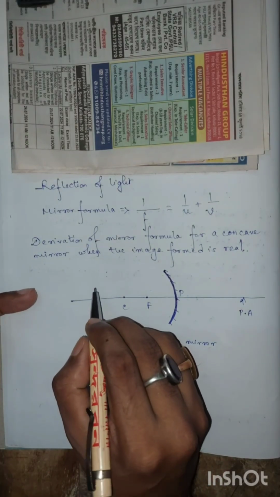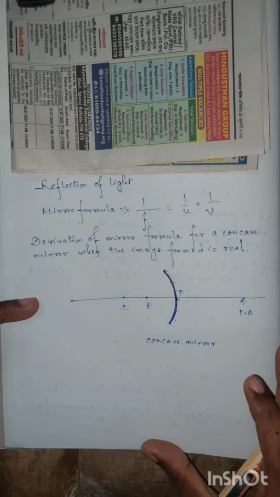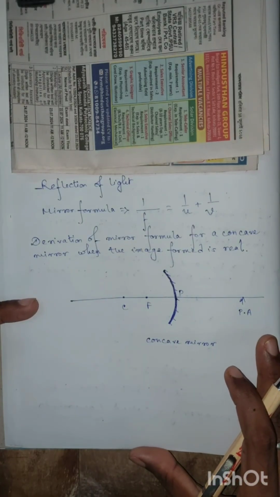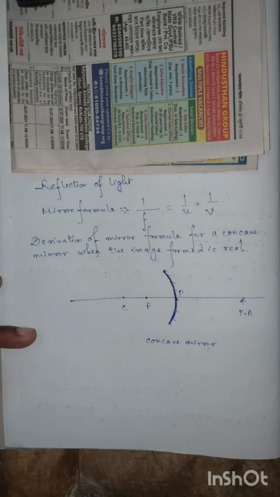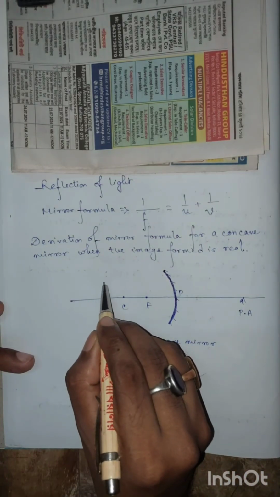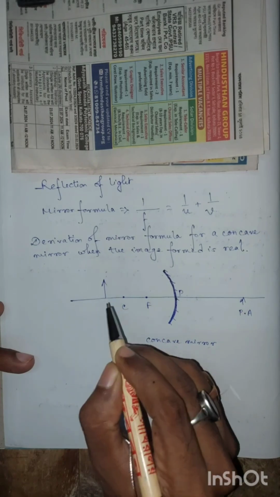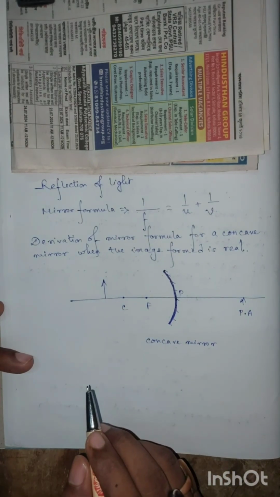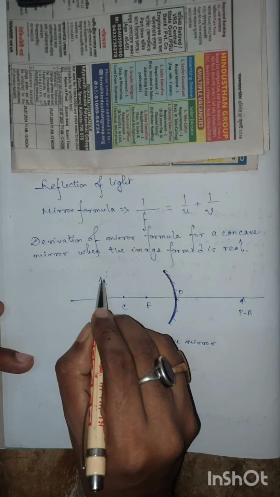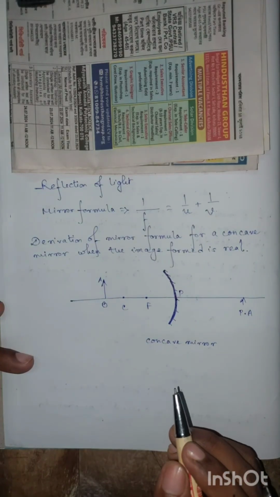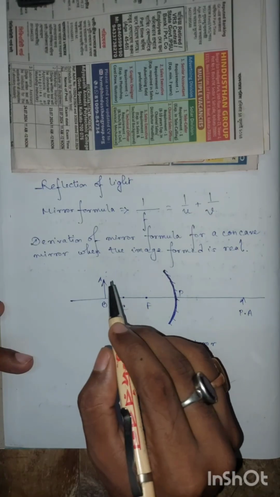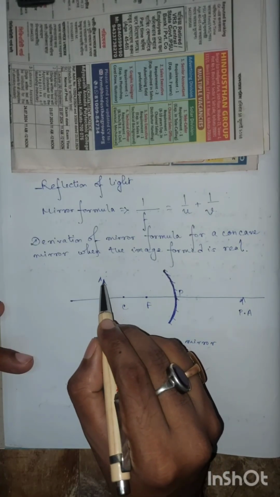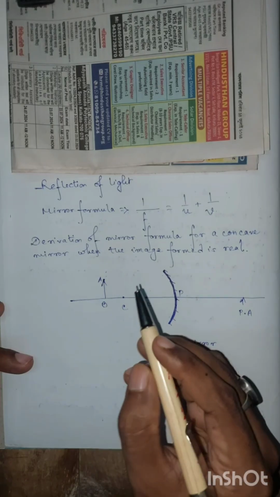Let us assume an object AB is placed beyond the center of curvature. Two rays are coming out of the object, from the tip of the object.